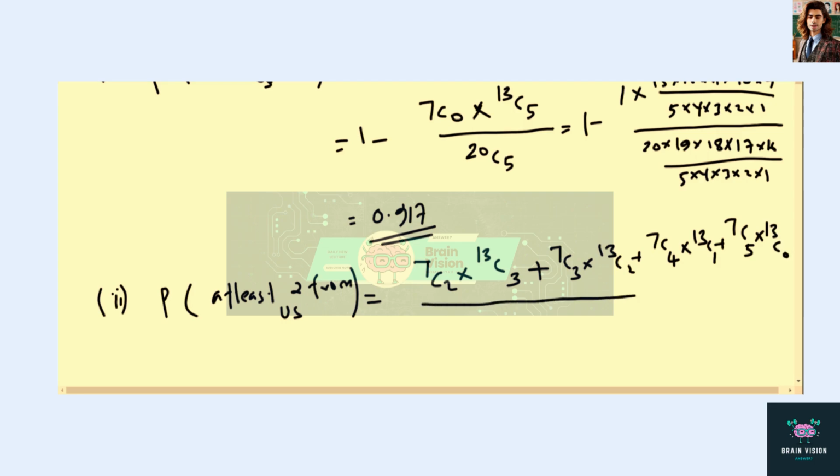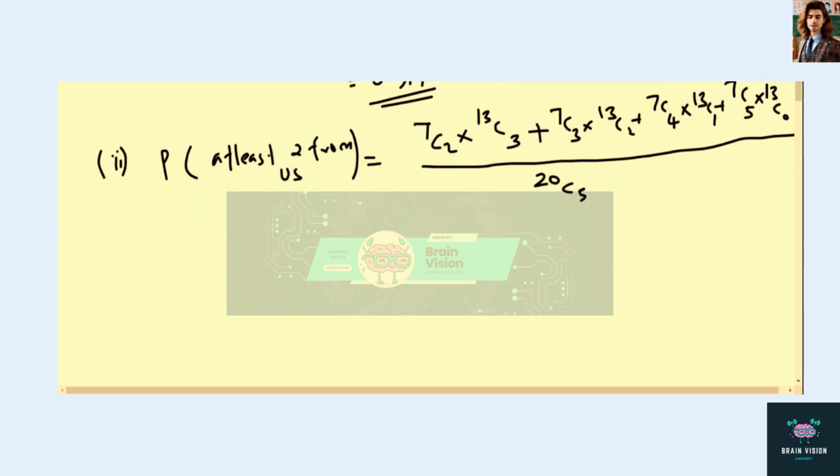The numerator we can divide by 20C5, since out of 20 we are selecting 5. Again we are simplifying this. We put in the values of 7C2, 13C3 and simplify, and we'll be getting the answer 0.594. This will be the required answer here.